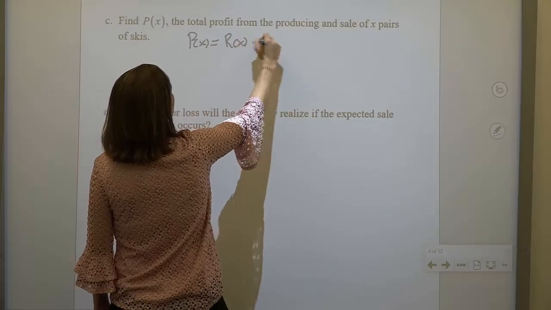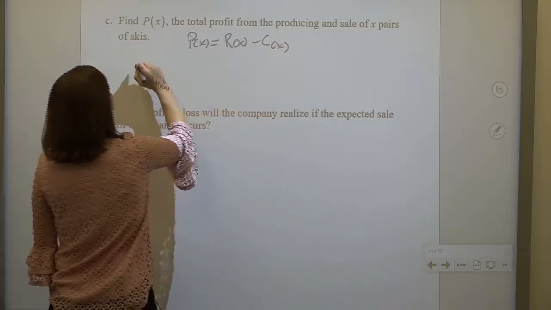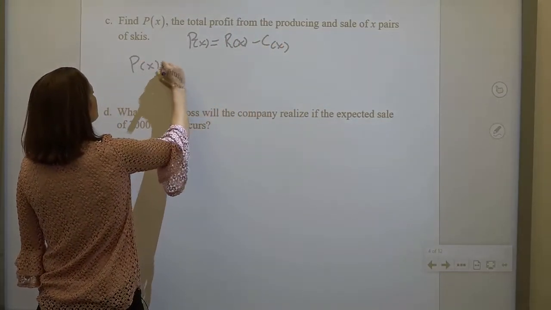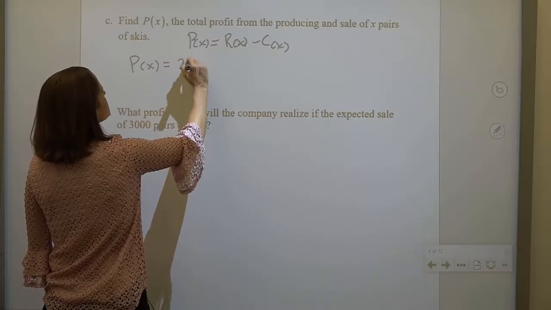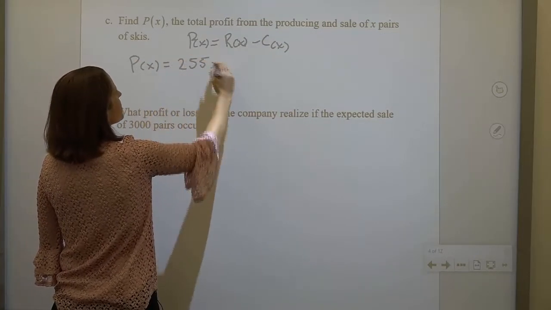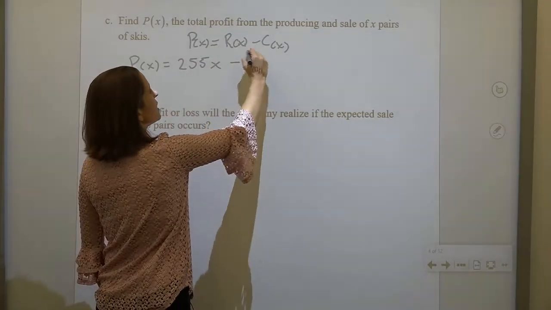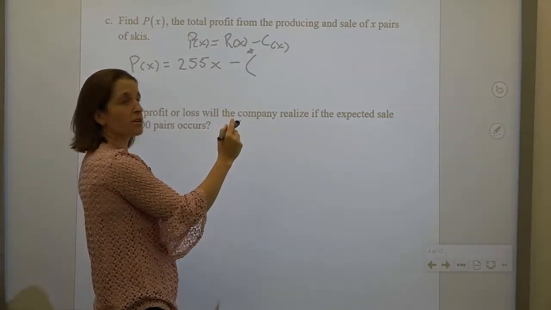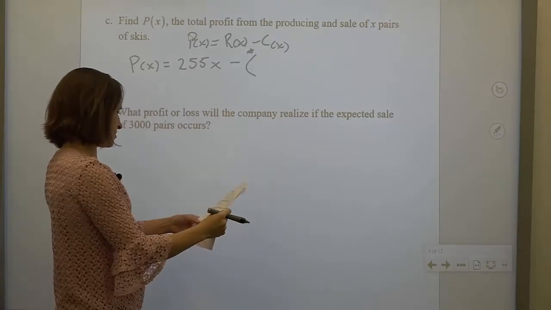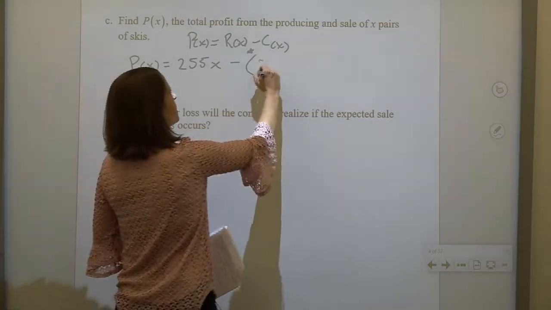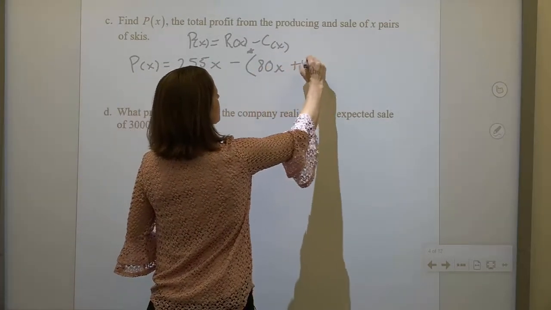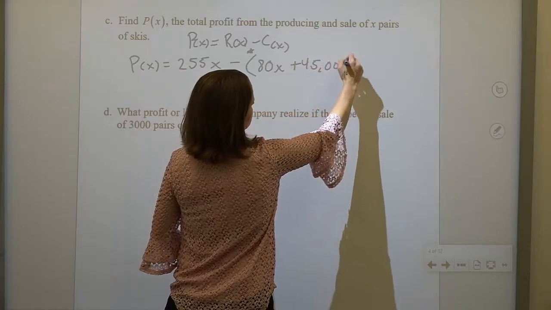So profit is revenue minus cost, and so our revenue was the 255x, and then we need to be careful here to use a parentheses because cost had multiple terms. And what was cost? Cost was 80x plus 45,000.